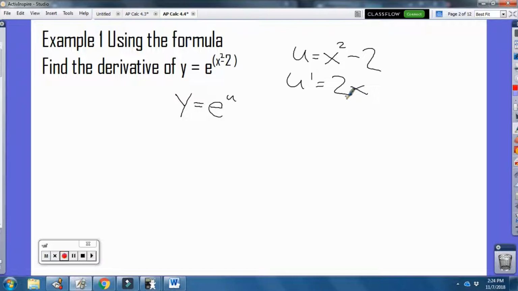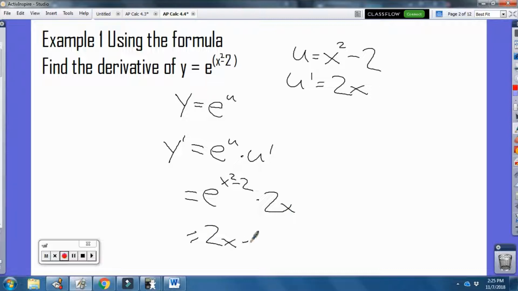So I could use the formula, or you could just remember the derivative of e to the x is e to the x, and then if I use the chain rule, I just multiply by that derivative, u prime. We get e to the x squared minus 2, and that's times 2x. The only thing you can do to simplify this is maybe rewrite it with the 2x in front, but that's really not necessary. It's just a little bit neater this way.